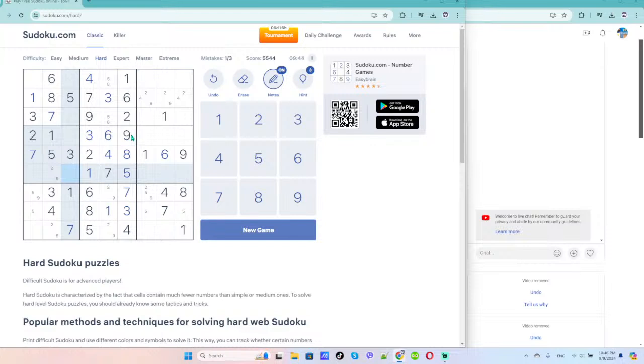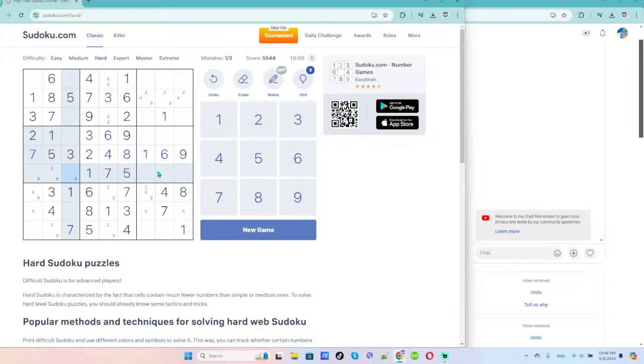We know the missing numbers, which are 4, 6, 8, and 9. A 9 occupies this cell, so a 9 can be placed in this layer. I just write this down. It's useful to make this notation.